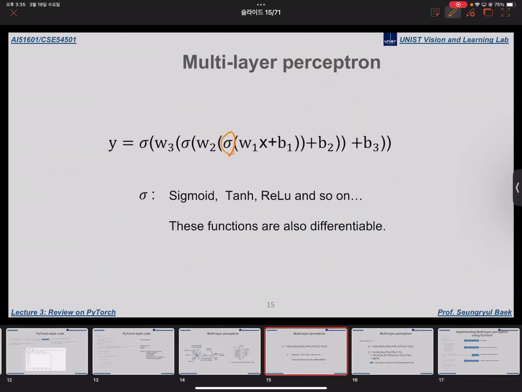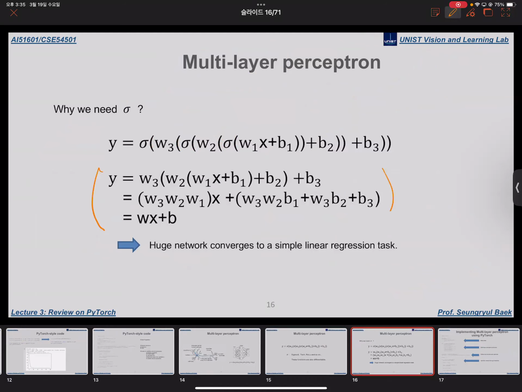actually, I will show you why there should be some nonlinear layers in the middle of the linear layers. I mean, I will show you the case where nonlinear layers are not there. So if you stack multiple linear layers without involving this nonlinear layer, then you can simplify the formula like this, okay? And then you can see that for this complex architecture, the output becomes a simple linear layer, okay?